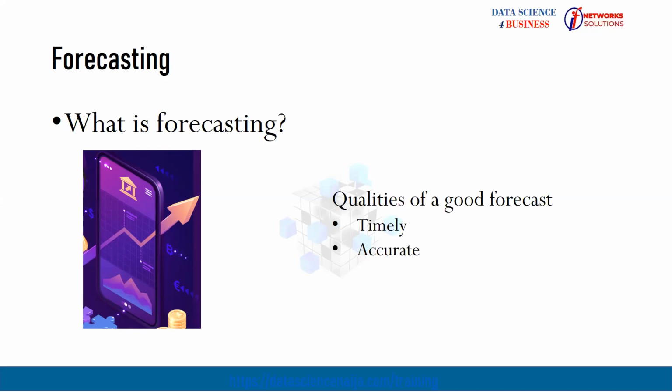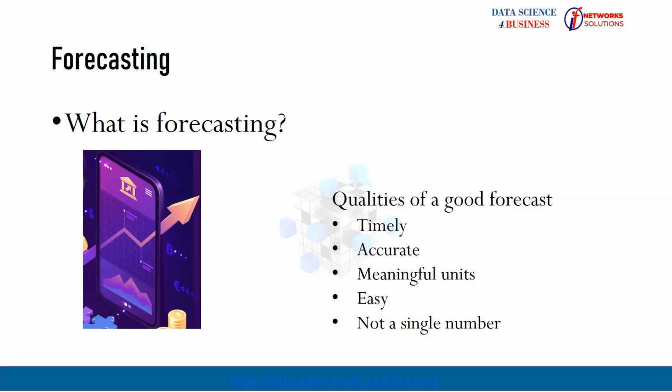It should be as accurate as possible. It should be in meaningful units with respect to whatever data you have. And of course, it should be easy to understand in practice.